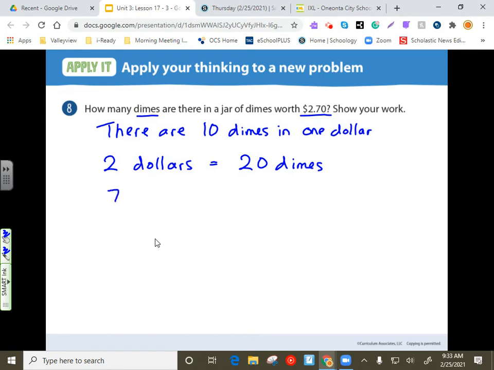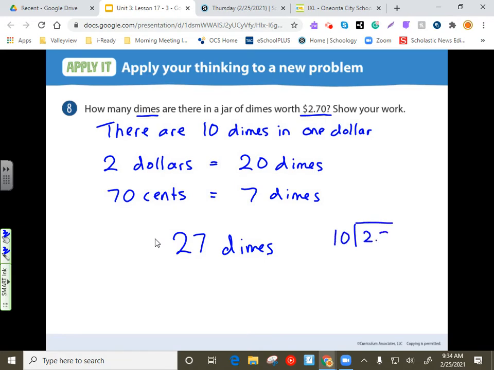And then 70 cents will be 7 dimes. We add them all up for a total of 27 dimes. Again, you could have easily done 10 into 270, but this is going to be more effective.